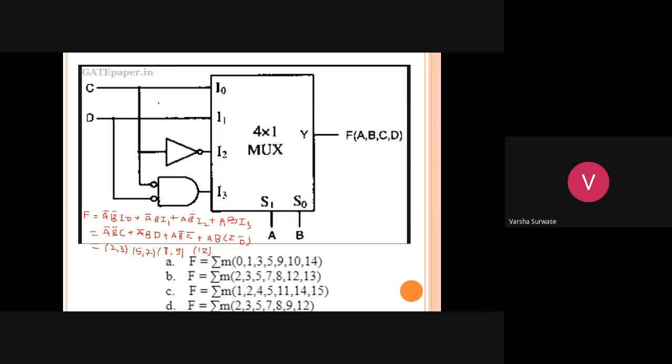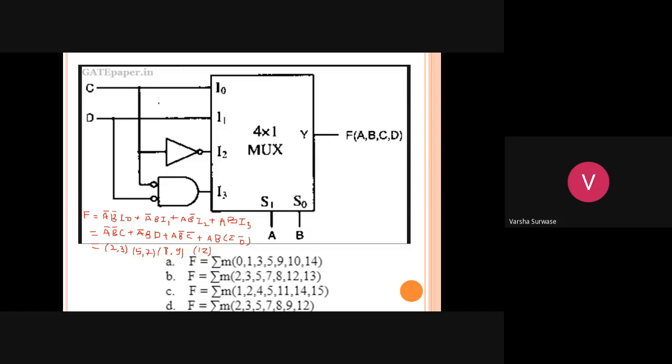From A B bar C bar, you will get minterms 8 and 9. In the last term A B C bar D bar, all the variables are present, so it is 1, 1, 0, 0, which means 12. So the minterms present in this equation are 2, 3, 5, 7, 8, 9 and 12. So option D is correct. These are the minterms present in this 4 to 1 Mux.